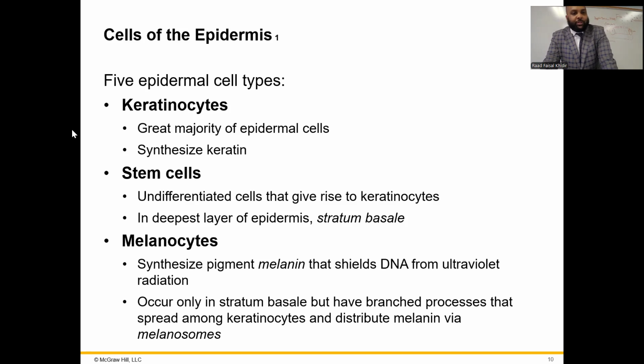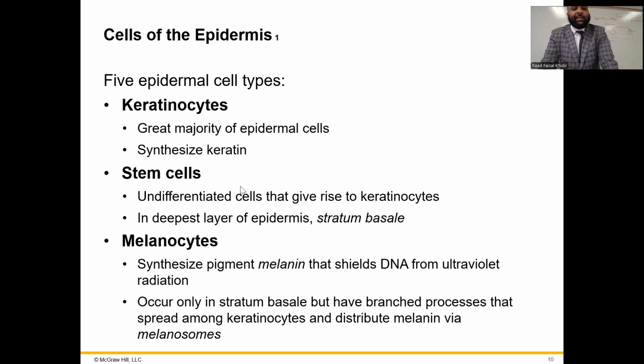Cells of the epidermis. There are 5 types of cells in the epidermis. There are the keratinocytes, and these are the great majority of epidermal cells, and they synthesize keratin.